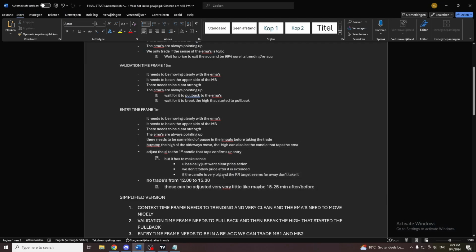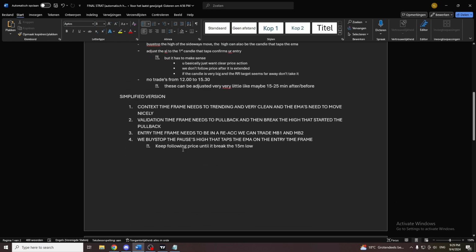Did I write it down somewhere in here? Oh, I put it here. Okay. So entry time frame needs to be in a reaccumulation, MB1 or MB2. So this is break of structure 1, break of structure 2.